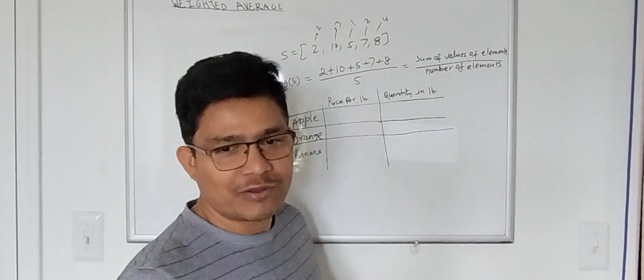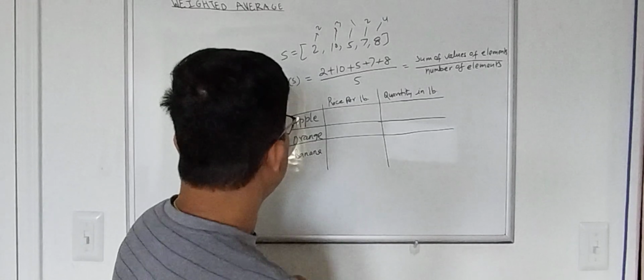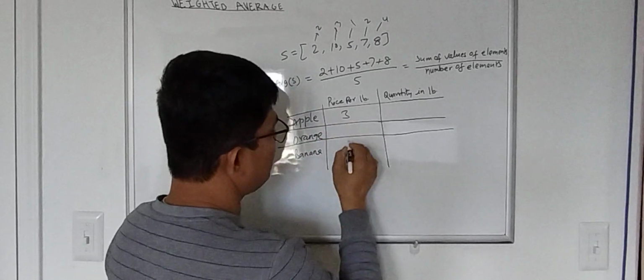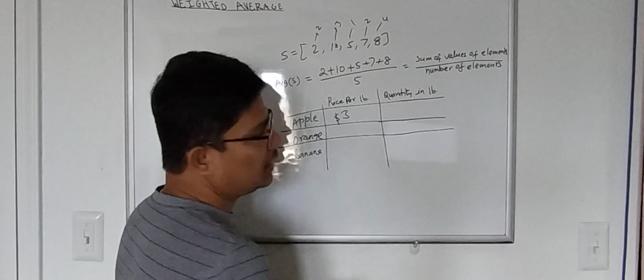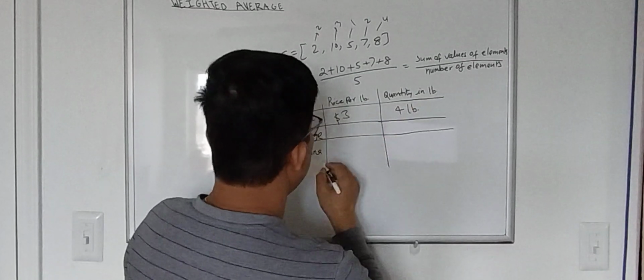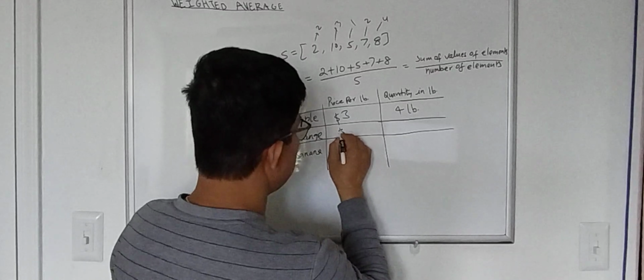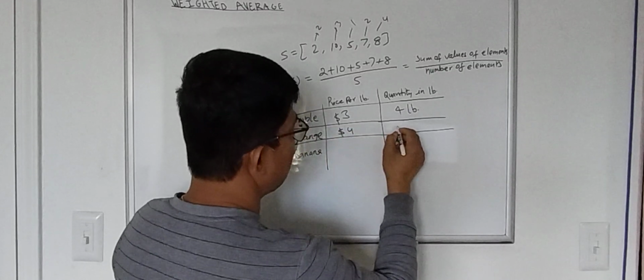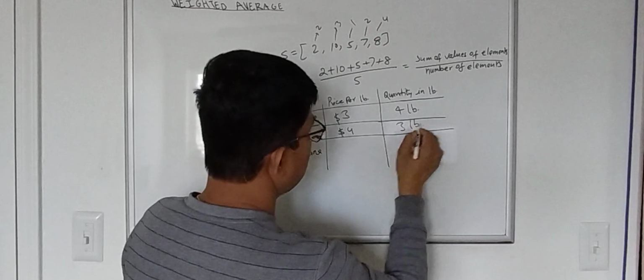Thing of concern is what is weighted average, okay? So apple price in lb is, let's say, $3 per lb, and you purchase 4 lb, okay? And orange is let's say $4 per lb, and you purchase 3 lb, okay?